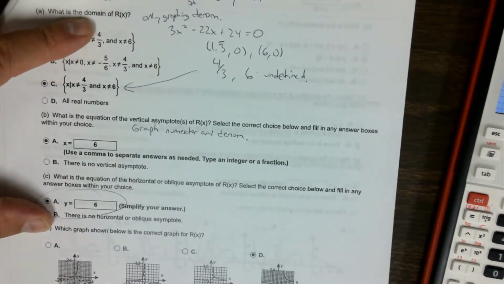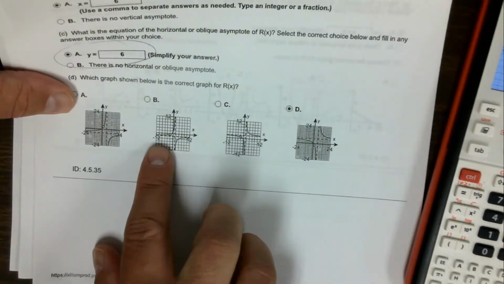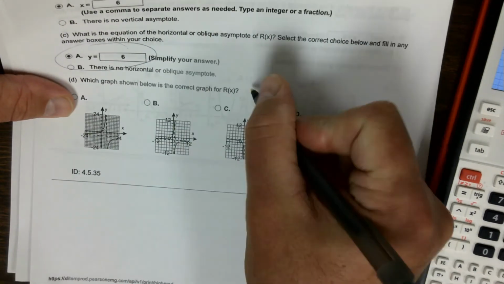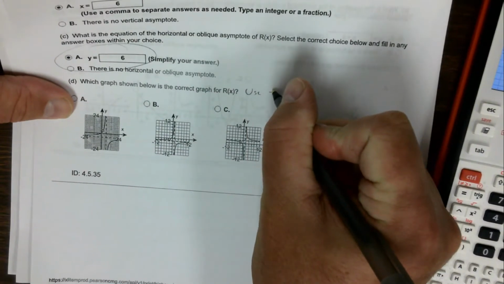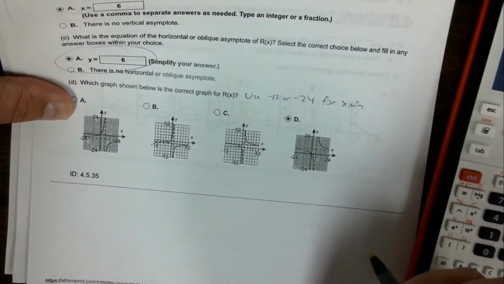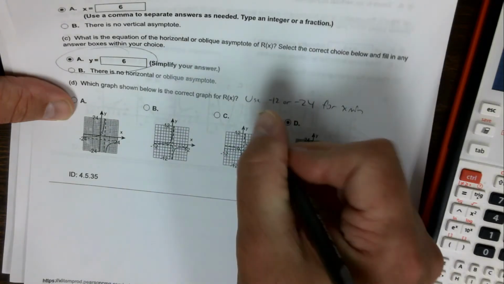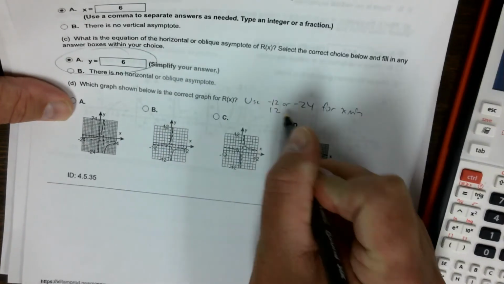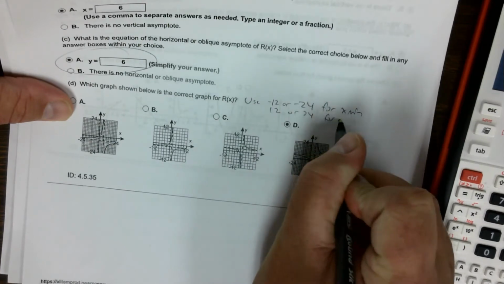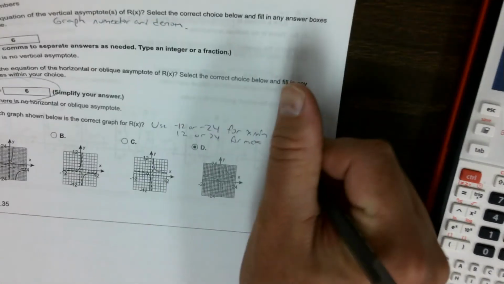And if I do my window similar to what these are, I would either use -12 or -24 for my X-Min, and basically 12 or 24 for the X-Max. And same idea for the Y values.